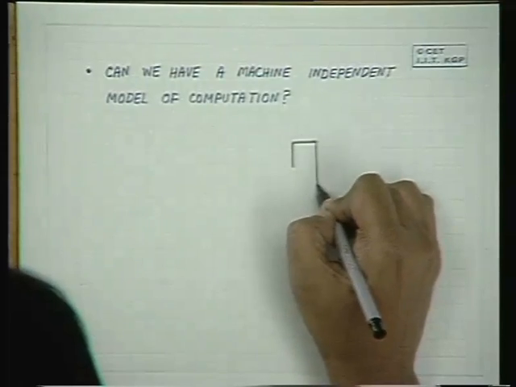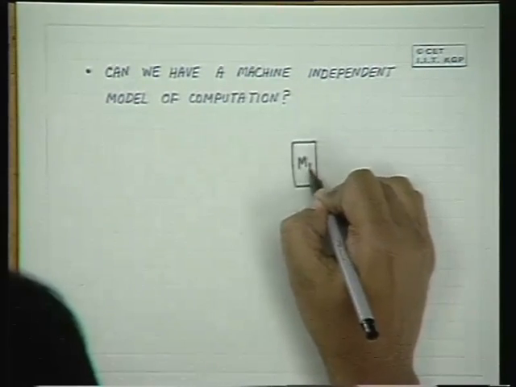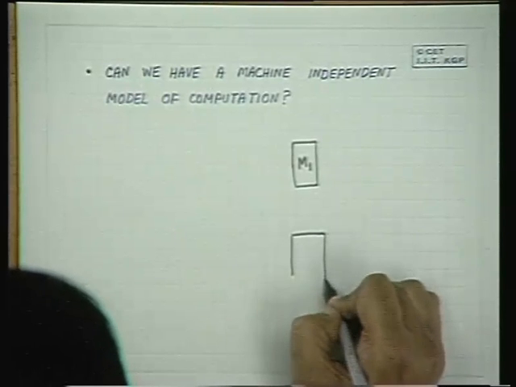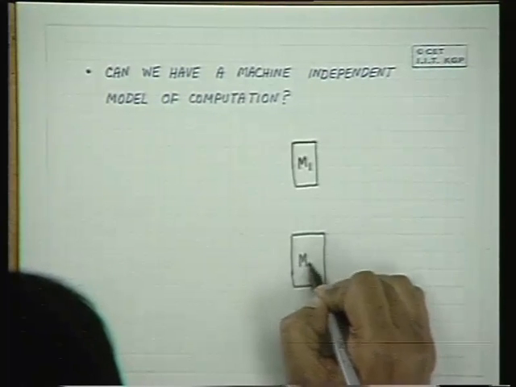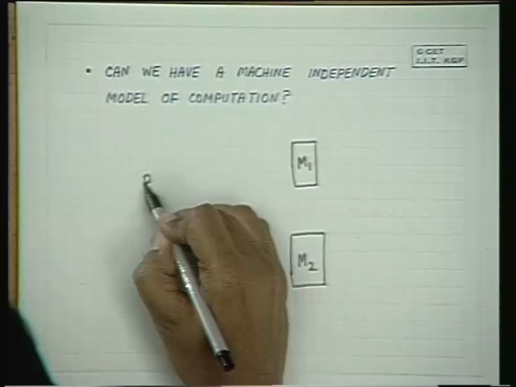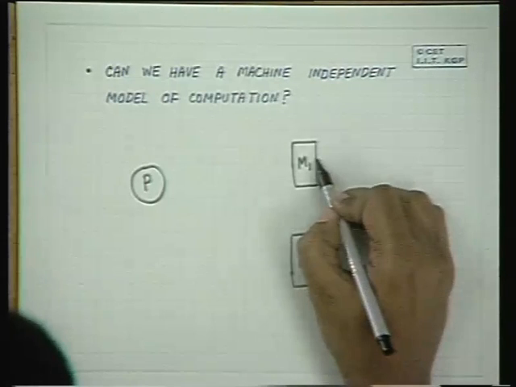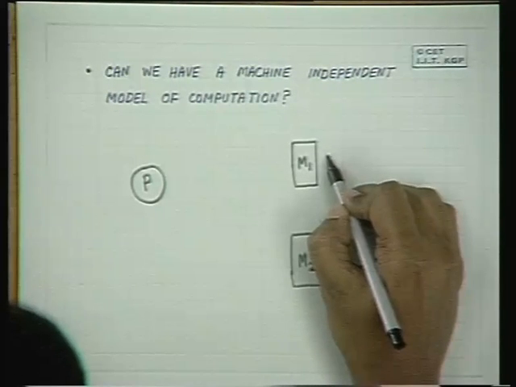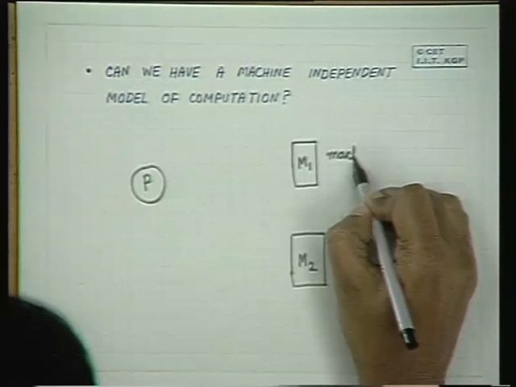So the first thing that we do is, suppose we are given a machine M1 and another machine M2. The same program P. This machine M1 has its own machine instructions.